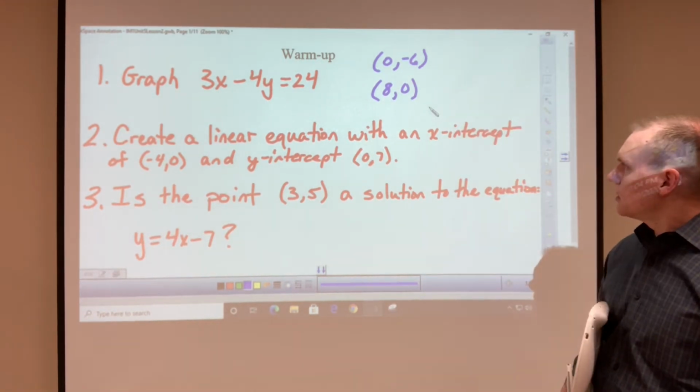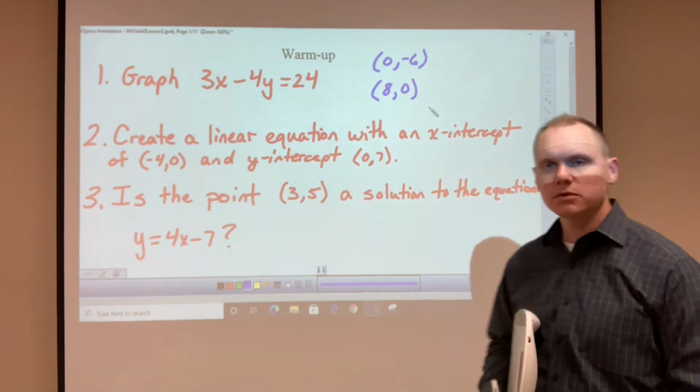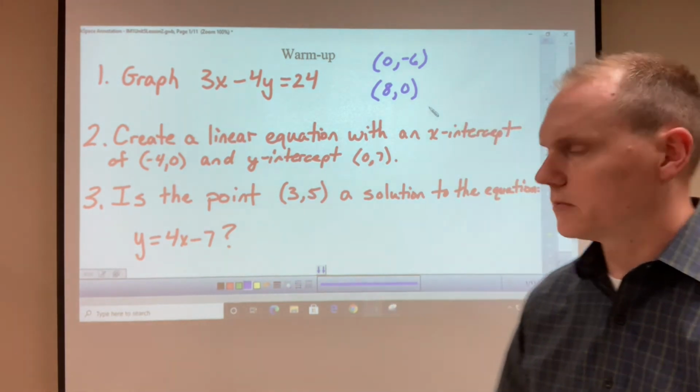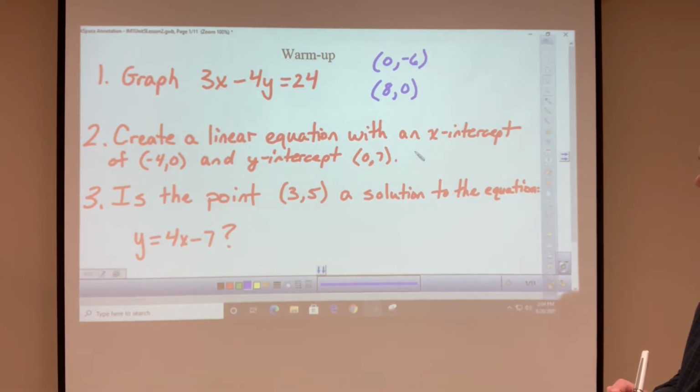All right, so number 2, create a linear equation with an x-intercept of negative 4 and a y-intercept of 7. There are an infinite number of answers to this. I'm going to give you one here. So let's see, we could do 7x minus 4y equals negative 28.